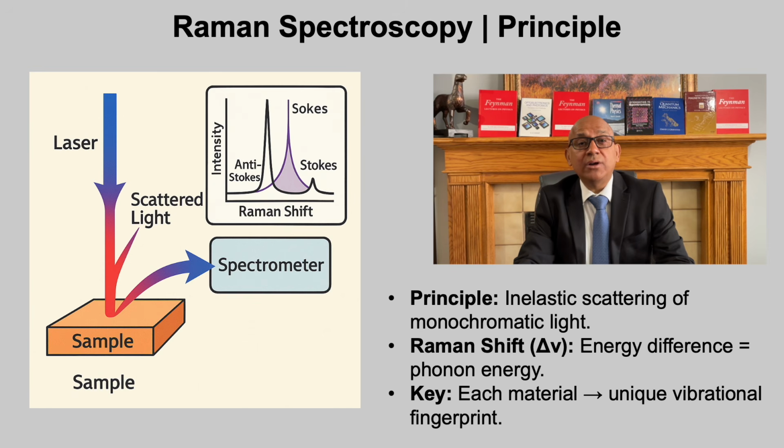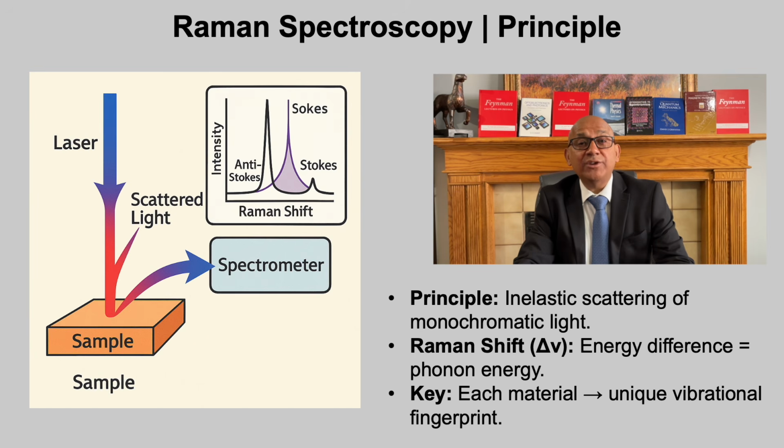If the photon loses energy, it is a Stokes shift. If it gains energy, it is anti-Stokes. Plotting intensity versus Raman shift gives a spectrum where each peak corresponds to a specific vibrational mode of the lattice.